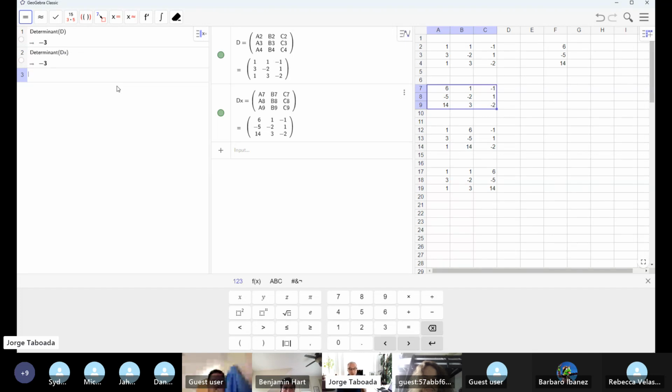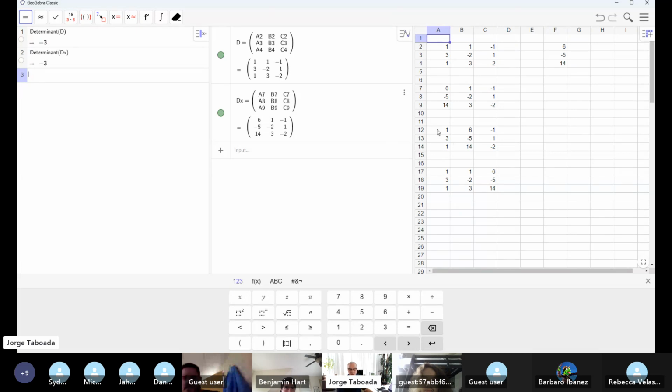Si es -3, the reason is because x is 1. Remember, to find x, you divide this divided by this. So basically the formula for Cramer says x is equal, you divide. No, you type it. Well, this is obvious. -3 divided by -3 is 1.